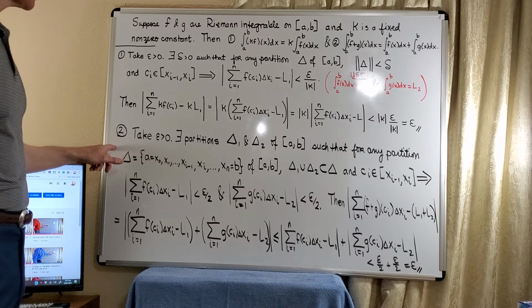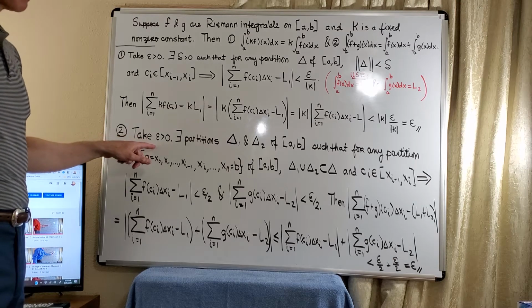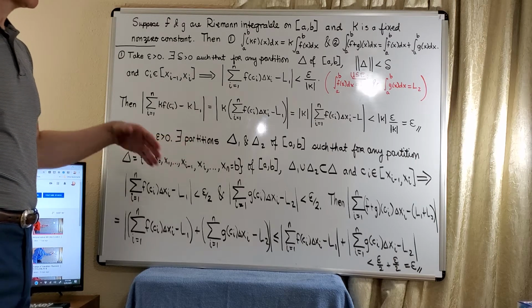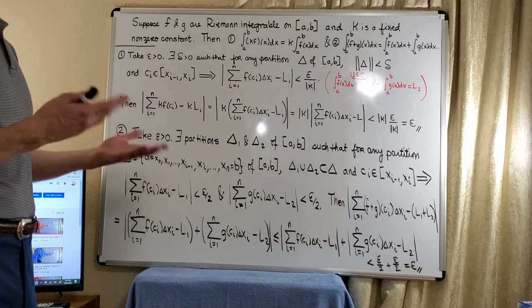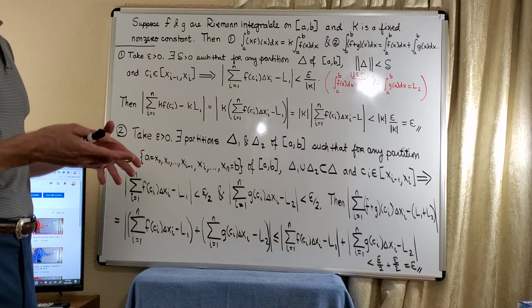Now for number two, we're going to take an epsilon again. Now we're going to assume the existence of two partitions.